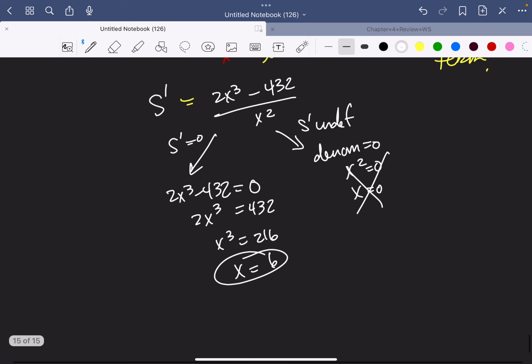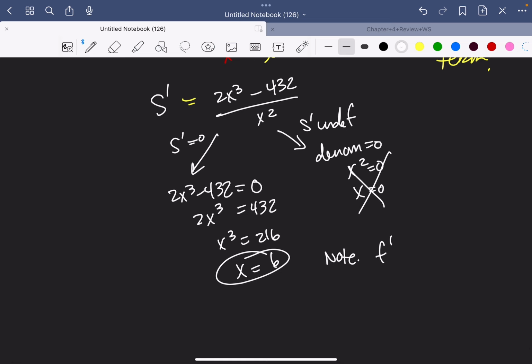But I want you to note that if you look to the left of 6, f prime is negative, and to the right of 6, it's positive. So since f prime goes from negative to positive, that means you have a minimum at x equals 6.